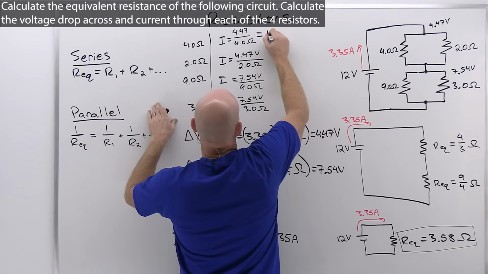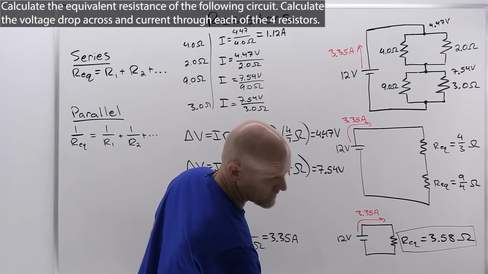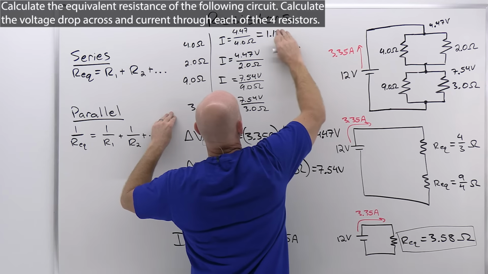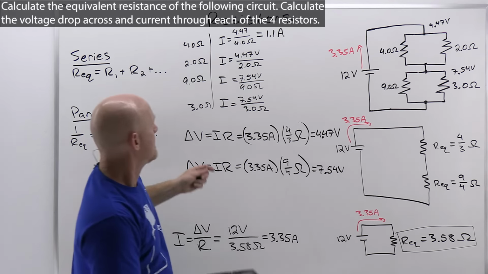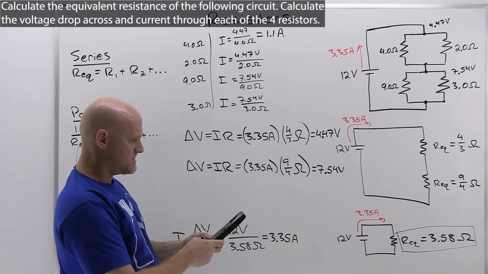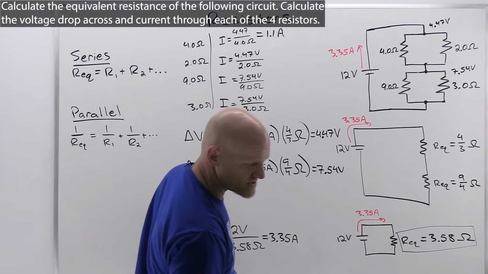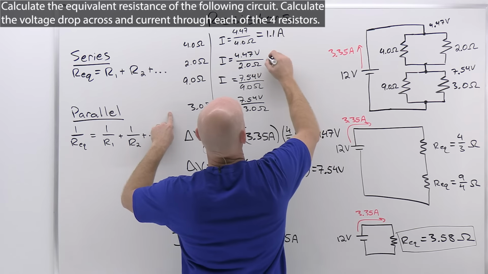In fact, actually I only need 2 sig figs, so I'm going to round that to 1.1 amps in this case. All right, and then 4.47 divided by 2 is going to get us 2.235, which will round to 2.2 amps.